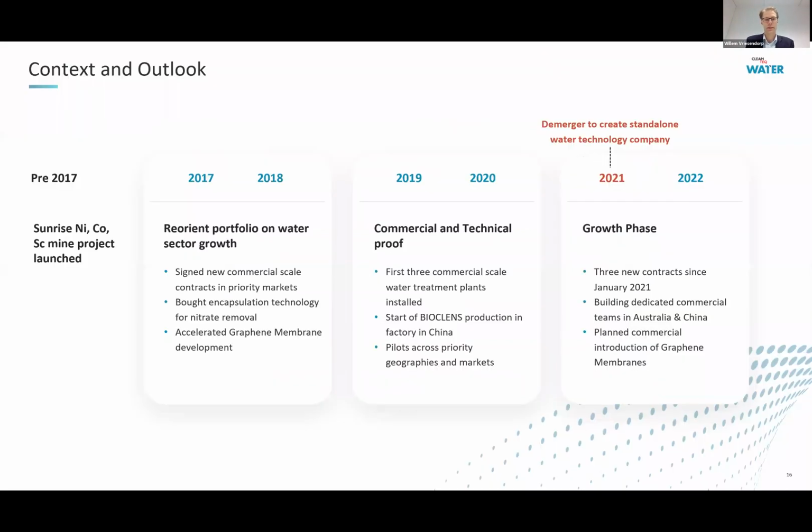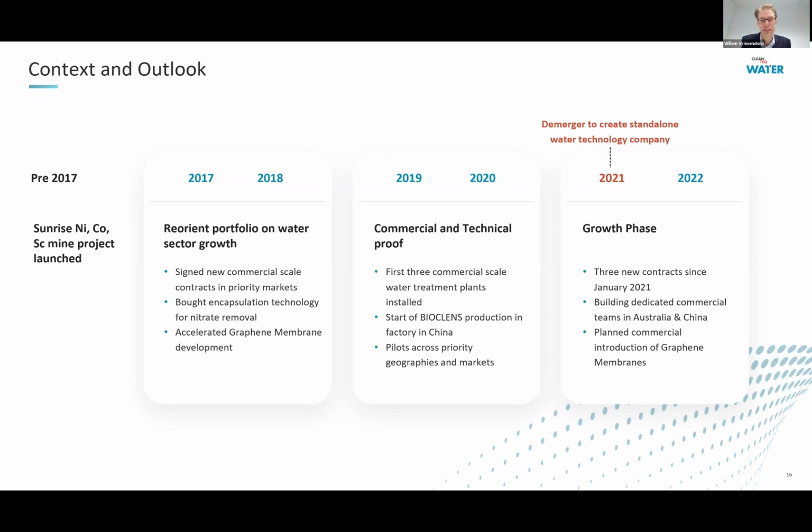And then finally, to put it back into context, the company Clean TeQ obviously has a long history. And what you can see is that we've been involved in various water treatment projects and plants a long time ago already. But over the last decade, you could say that the focus really has been a lot on the Sunrise project that many of you listeners will know very well, to get it off the ground.